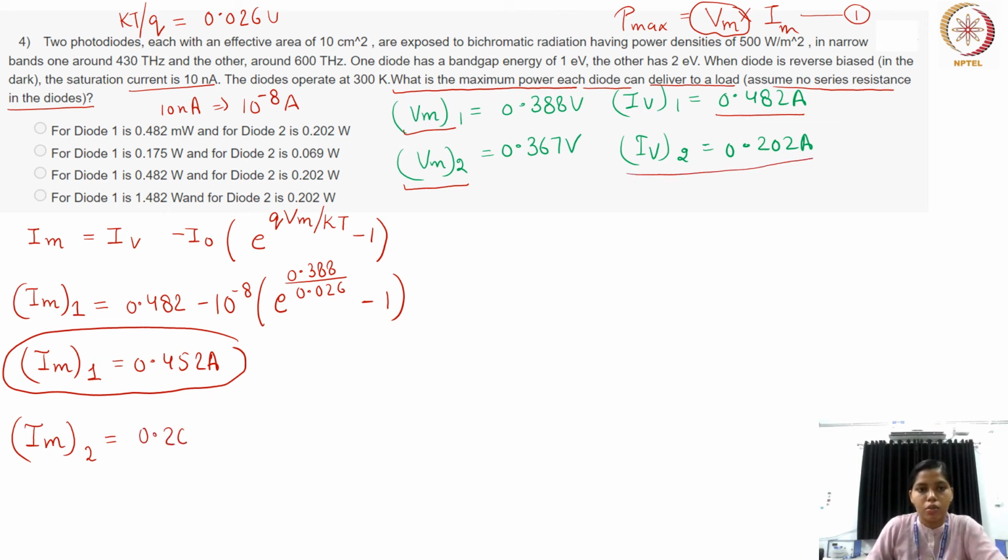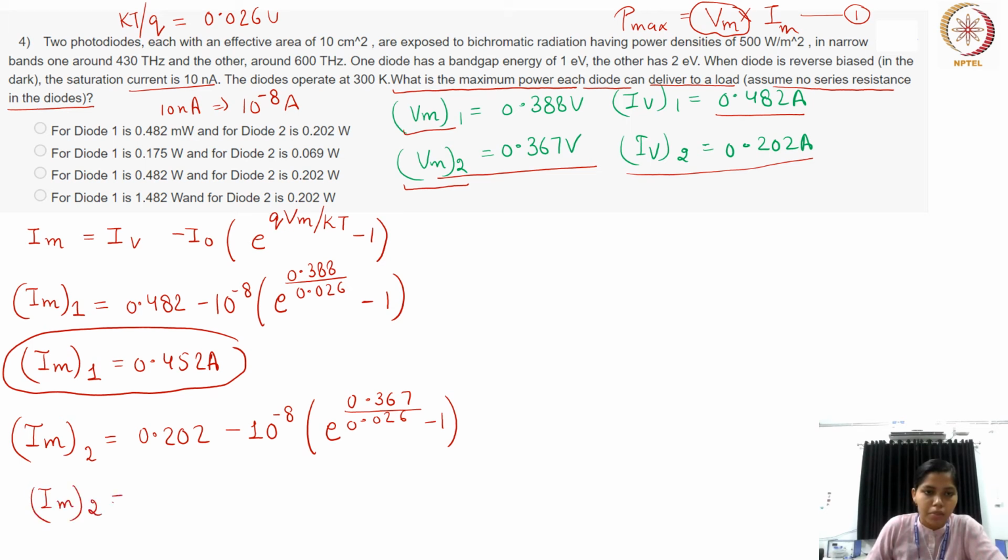Then again, I0 is the same for both photodiodes, so that is 10 raised to the power minus 8 multiplied by e raised to the power 0.367, the maximum voltage for photodiode 2, divided by 0.026, and then minus 1. This will give me the maximum current through photodiode 2, and that is 0.189 ampere.